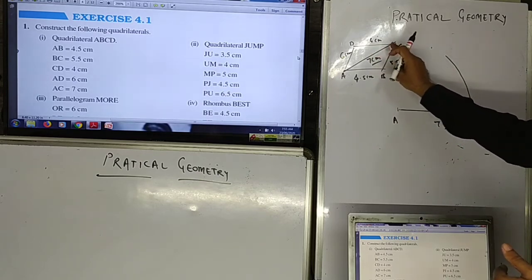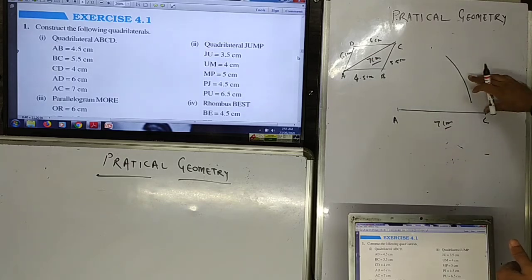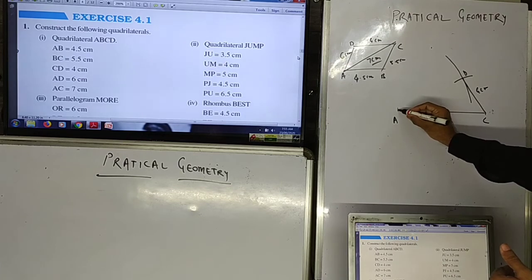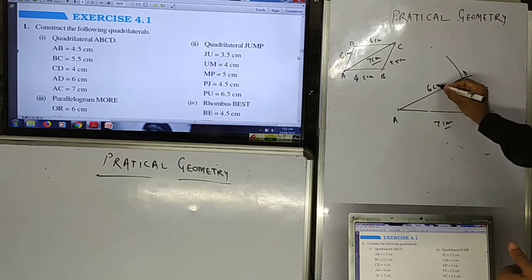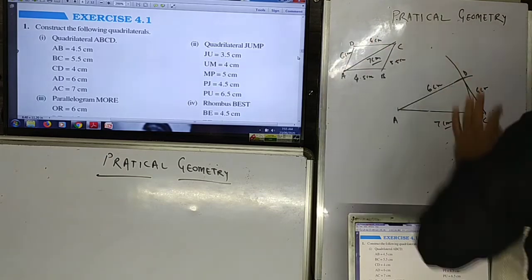Now from this point C, the D point is at 4 centimeter. So take 4 centimeter in the rounder and put metallic end of rounder at C and draw an arc intersecting the other arc at D. Now this CD is equal to 4 centimeter and this AD equal to 6 centimeter, resulting into this triangle ADC.